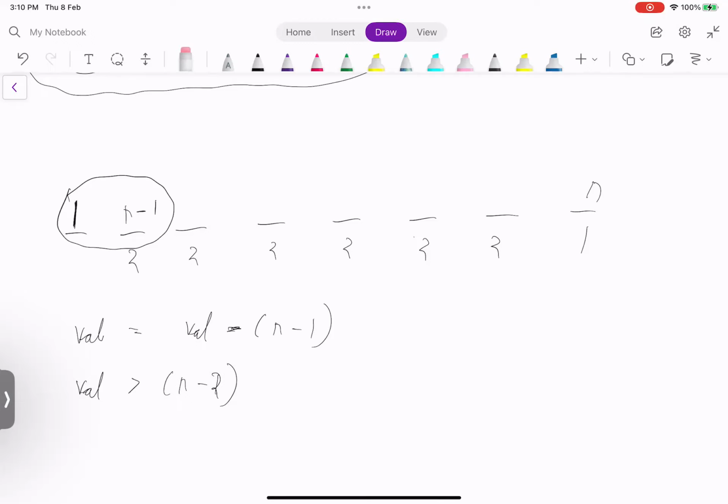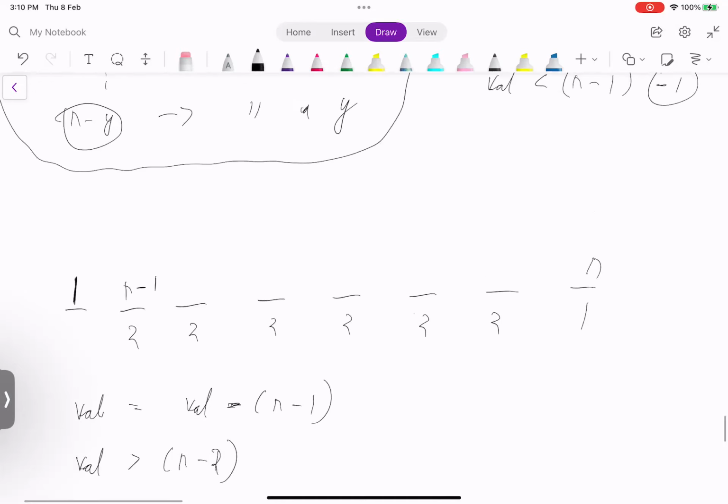Now for n minus 3 to appear, at least one n minus 1 and n minus 2 should appear, right? So it depends on the scenario. In case we want n minus 3 to appear, that is if we put a 3 over here, till here it becomes n minus 3. And later on, firstly we should get an n minus 2, then only we can get an n minus 1, right?